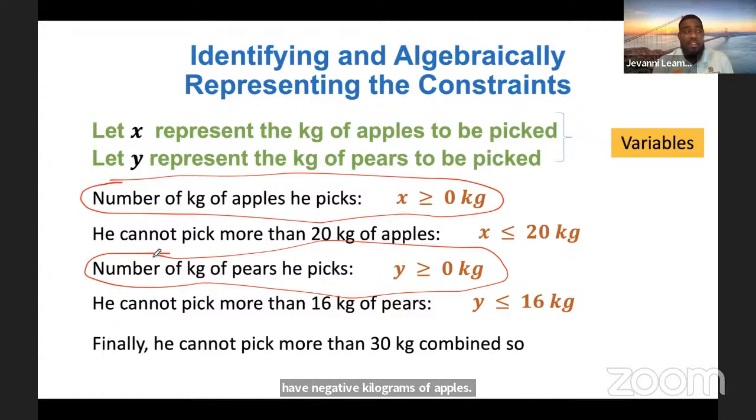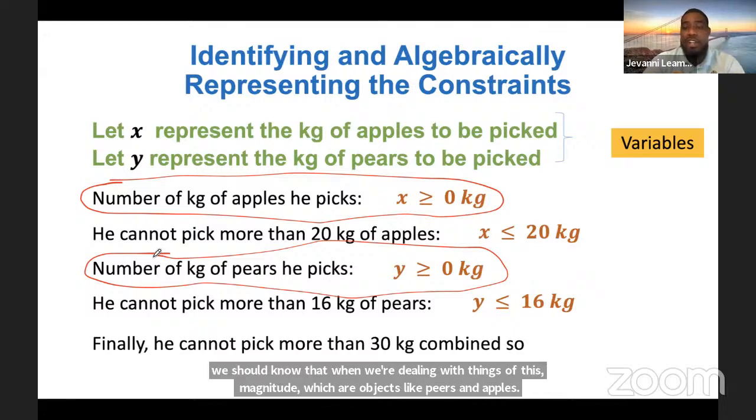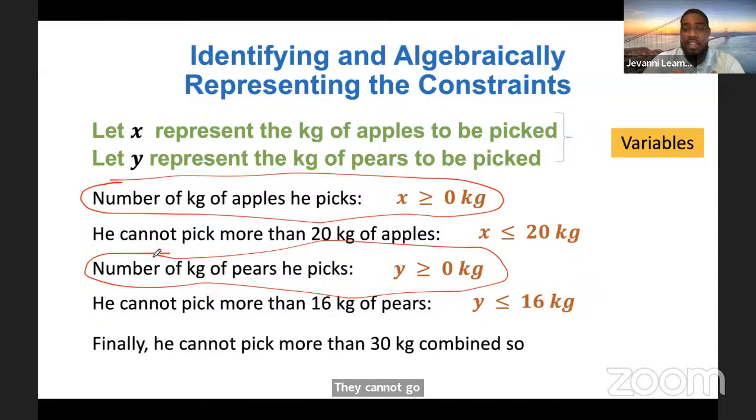So it's not necessarily explicitly said in the statement, but we should know that when we're dealing with objects like pears and apples, they cannot go past the 0 mark. Either you have 0 kilograms of apples or you have more than that. You can't have negative, okay? So when you read the questions, you want to keep that in mind.